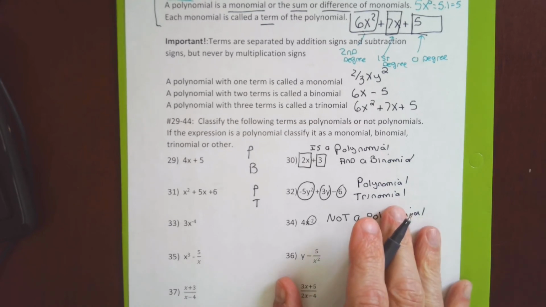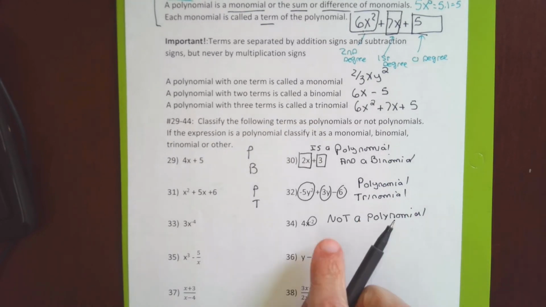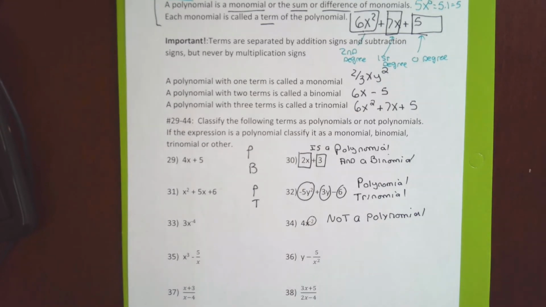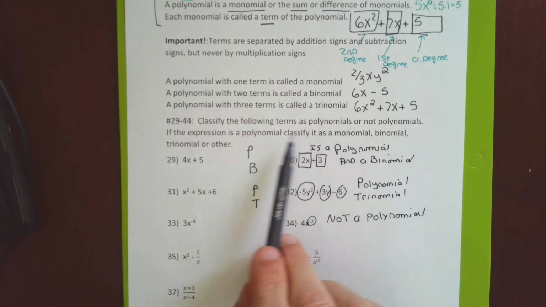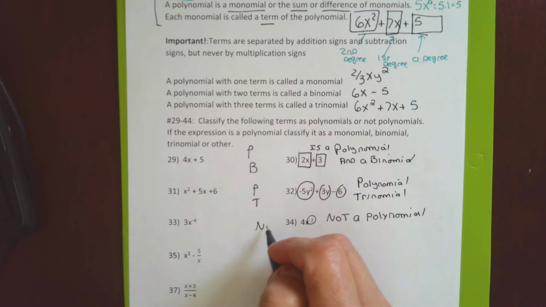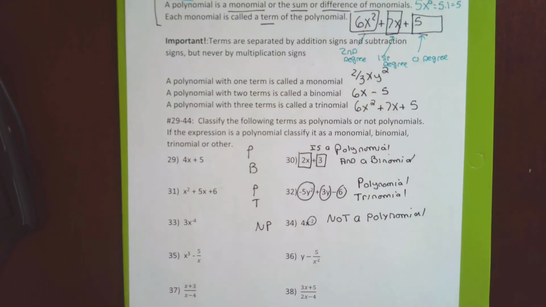Quite honestly, at some point during the semester, I might refer to this as a monomial incorrectly, just meaning it just has one term. But I don't need to classify it because I only classify it if it's a polynomial. If it's not a polynomial, I'm not going to classify it. And for an answer here, maybe I would just write NP and stop.